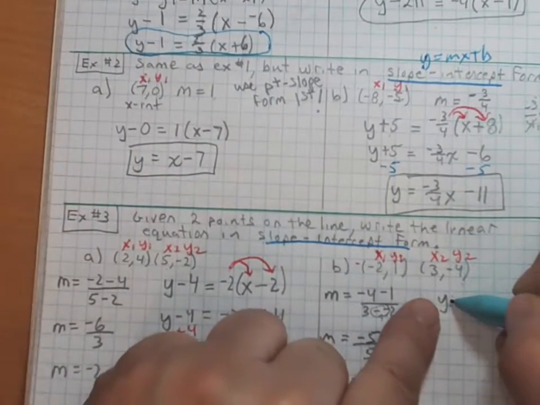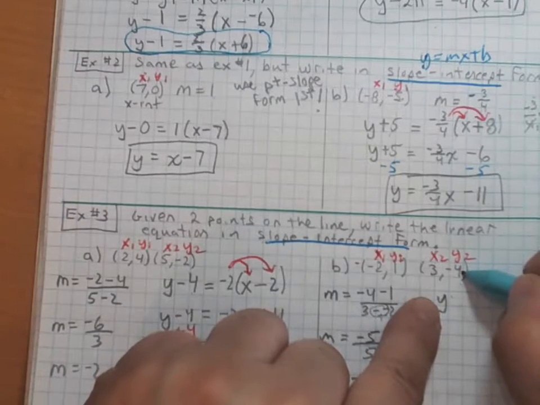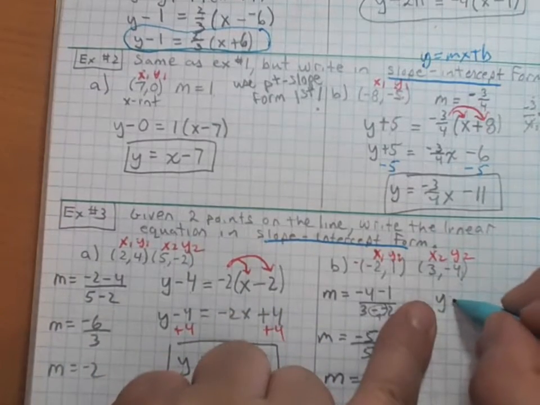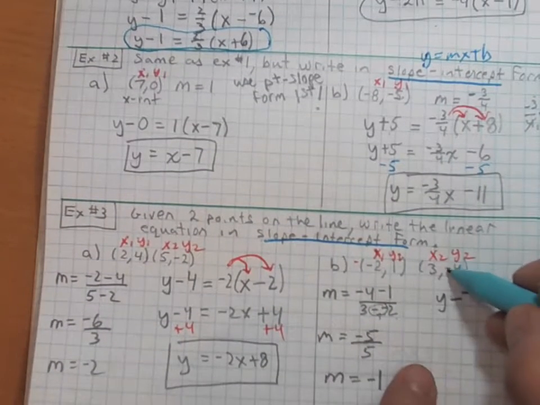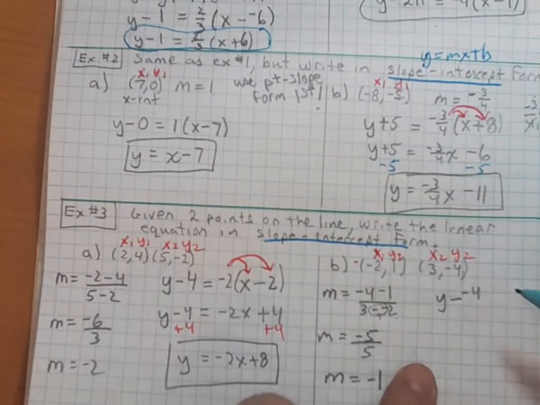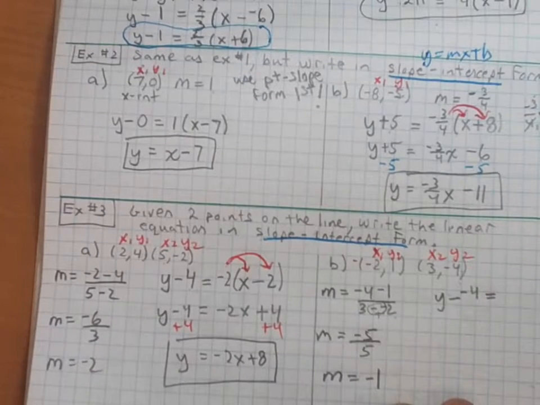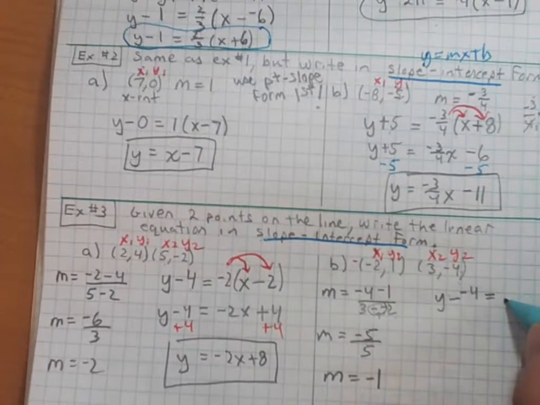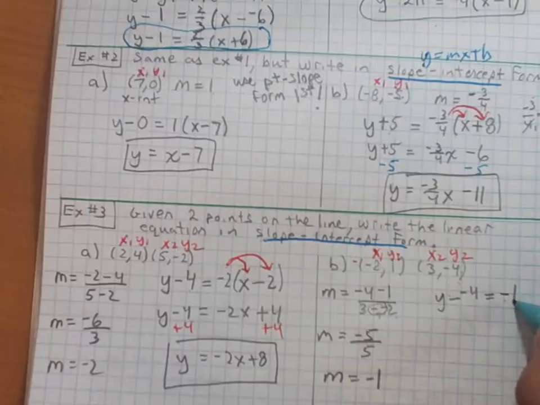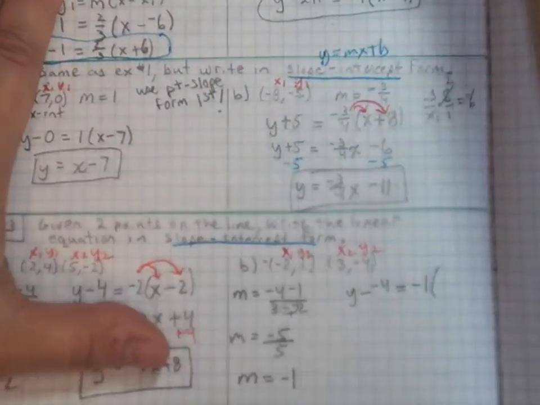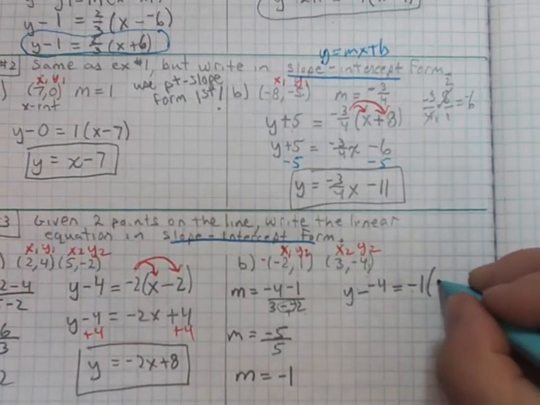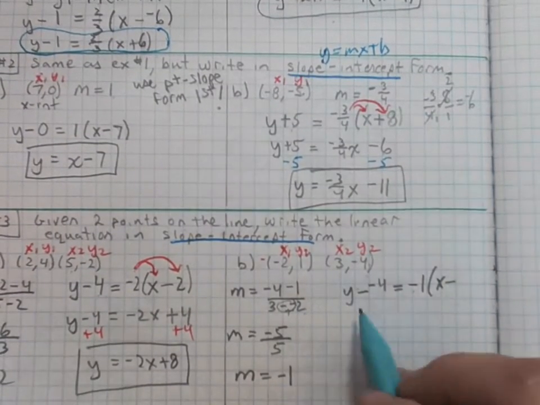So it's always the y variable, and then you take away the y coordinate, so minus negative 4. Okay, so I'm just using x2 and y2 this time. All right, put the slope here, negative 1. Grouping symbol. X minus, and then the x coordinate.